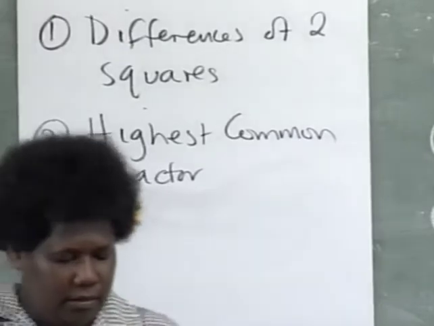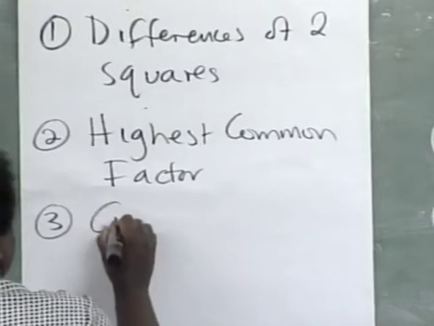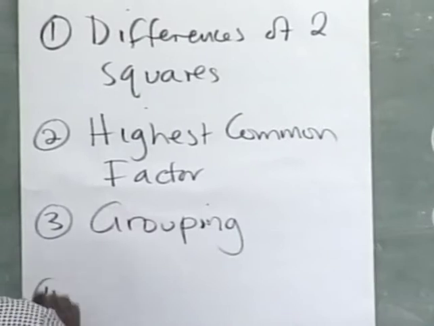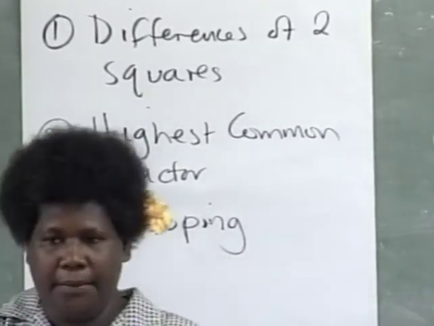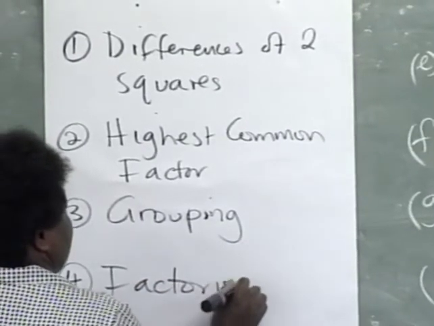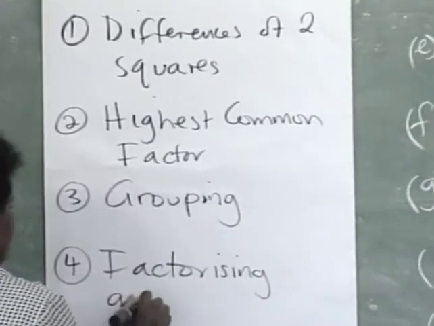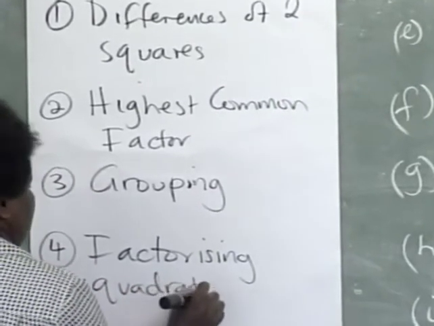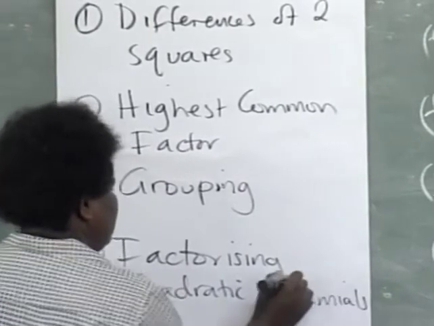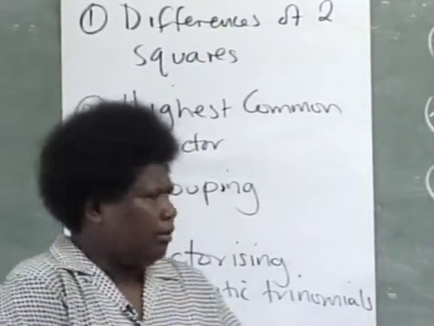Number 3, Dan. Grouping. Number 4, Chutaili. Quadratic trinomials or expressions. Okay, factorizing quadratic trinomials.